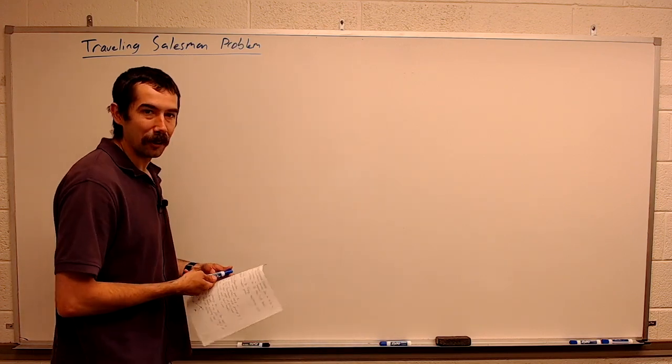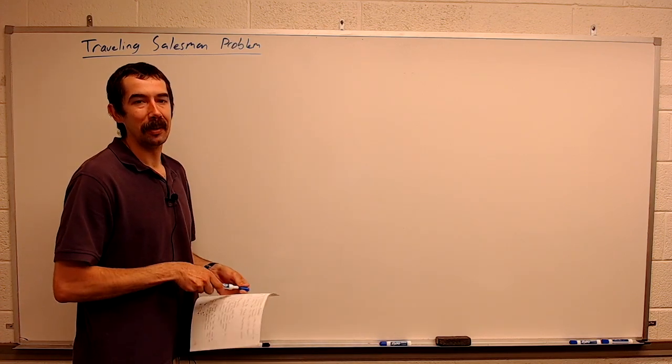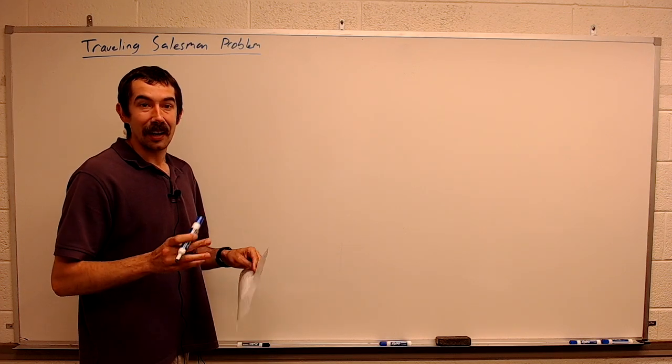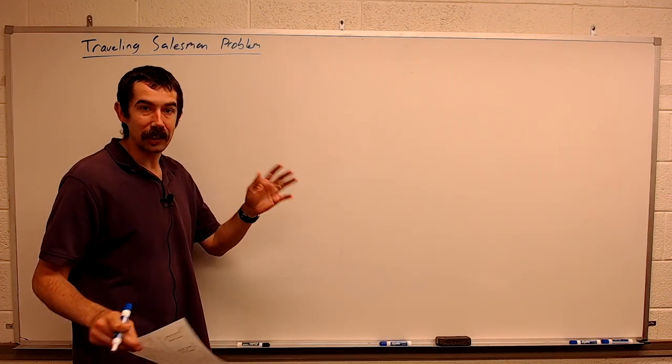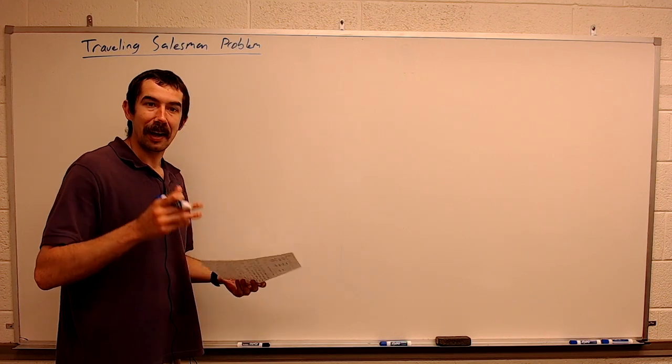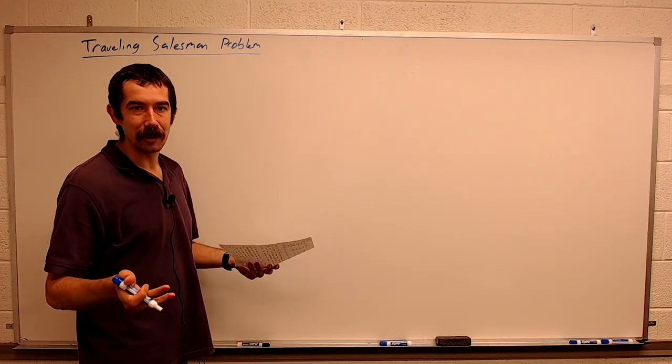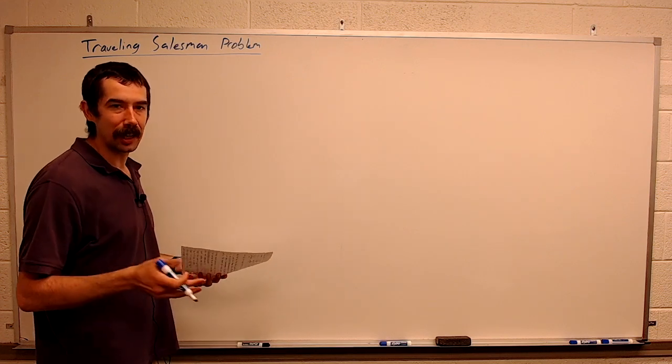Today we're going to talk about the traveling salesman problem. What is the traveling salesman problem? Well, basically, a salesman wants to visit a bunch of homes and wants to do it as cheaply as possible, right? They don't want to spend that much time traveling.